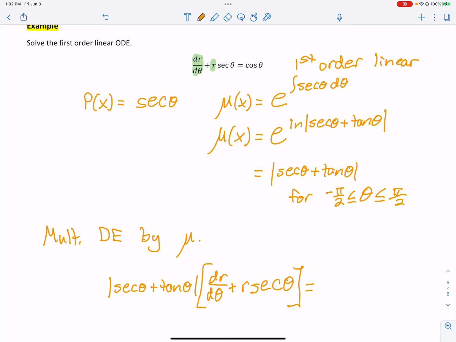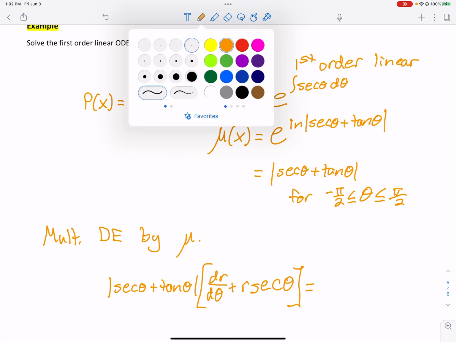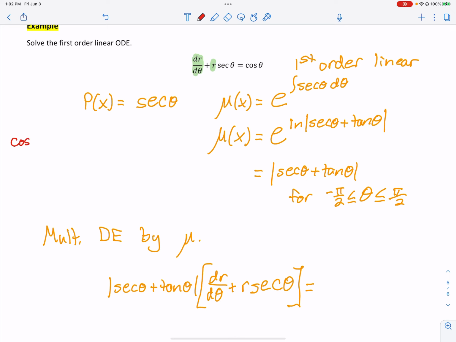So multiplying both sides by that, we have the cosine on that side. If I think about cosine, let's do this off to the side real quick. Cosine theta times secant theta. Secant theta is 1 over cosine plus sine over cosine. That's my tangent, right? This was the secant theta plus tangent theta.